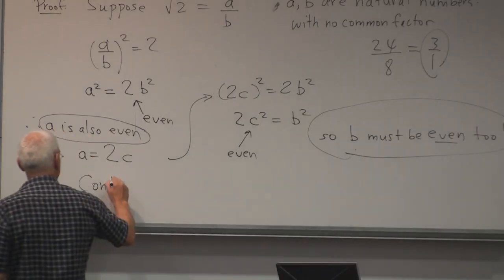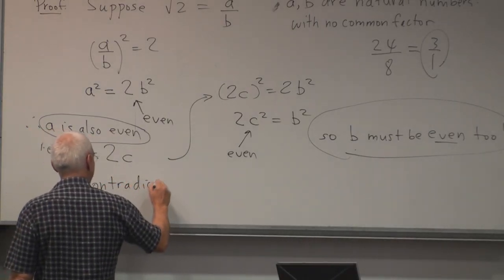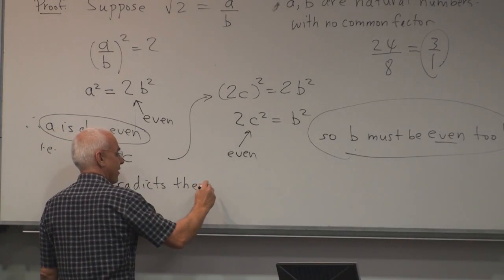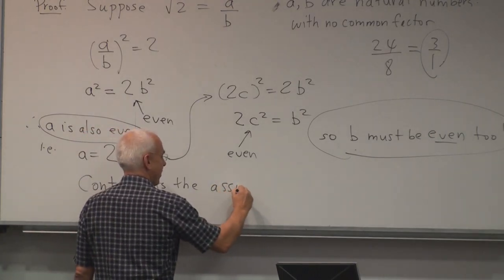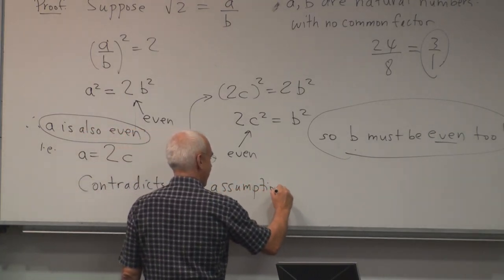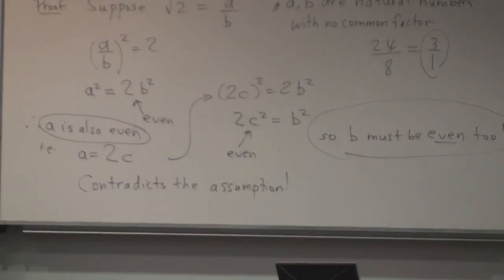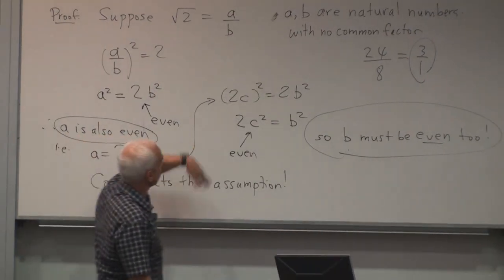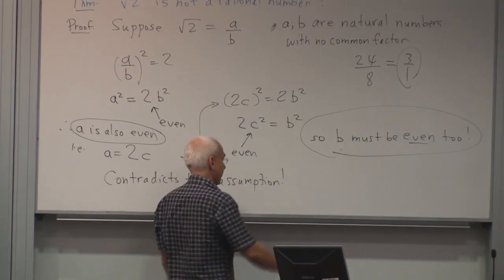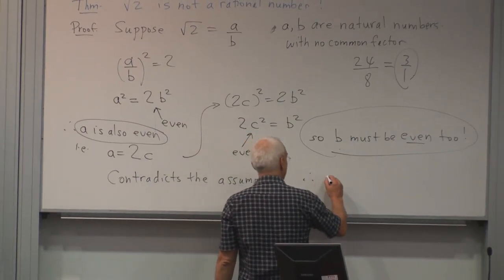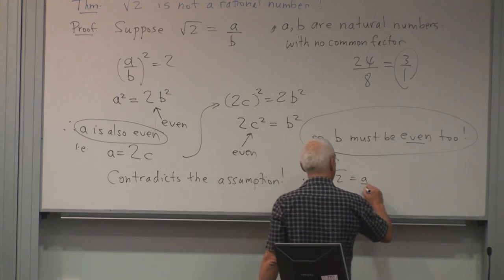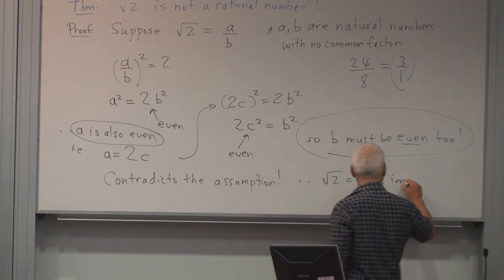This contradicts the assumption. And so our original setup is impossible. Therefore, root 2 equals a over b is impossible.